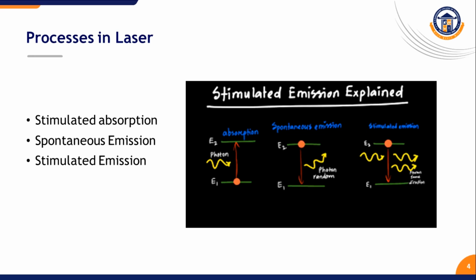So based on this only the emission is happening, and second one is spontaneous emission. After some time the excited atom returns to the ground state and releases photons randomly without any external triggering force. And third one is a very important one. It's stimulated emission, a very special process.